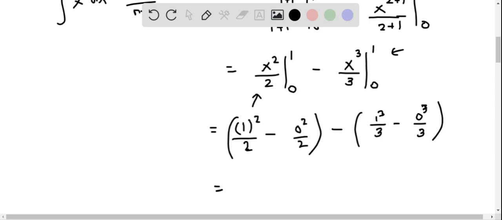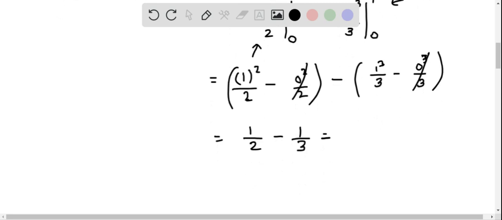Let's evaluate this. 1 squared is 1, so it is 1 by 2, and the lower limit term is 0, and here this is also 0. So we have 1 by 2 minus, and 1 cubed is 1, so it is 1 by 3. We have to simplify this fraction. The common denominator is 6.